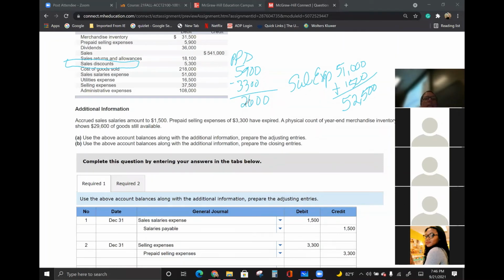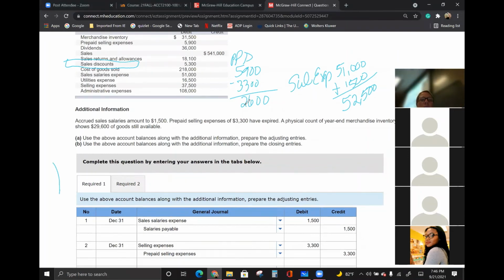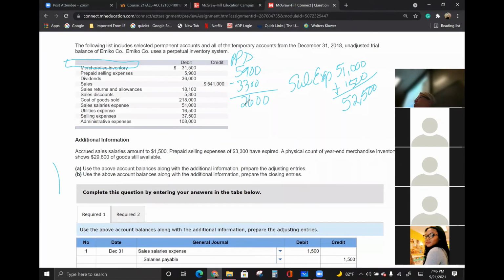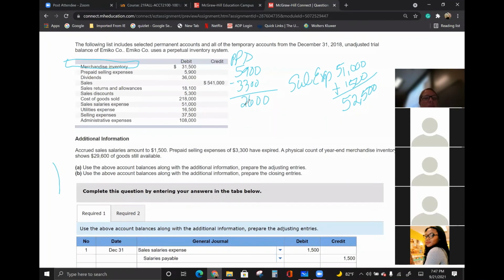All right. Next, it says a physical count of year-end merchandise shows 29.6 of goods still available. So when I do my count, what's left is 29.6. If that doesn't match what's in my inventory, I have to make an adjustment. Let's find merchandising inventory right here.